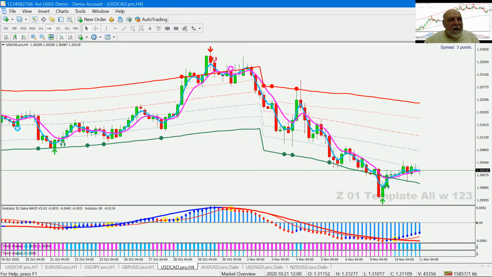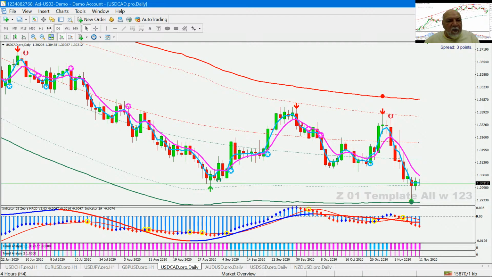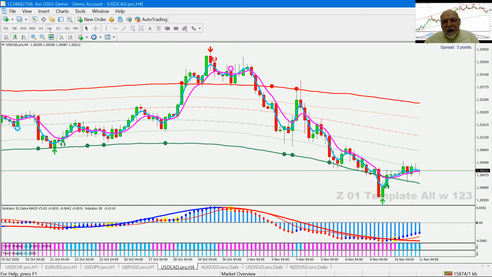It's data coming in. So I've got to go back to the 1-hour and then go back to the 4-hour, and you see it smoothed right out.